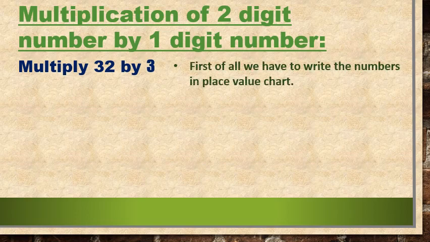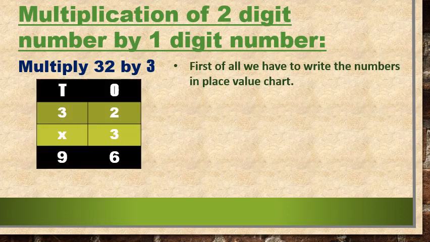First of all, we have to write the numbers in place value chart. From this chart, you can easily find out that we have placed 3 in tens column and 2 in ones column. And the other number, that is 3, is placed in ones column. Alright?